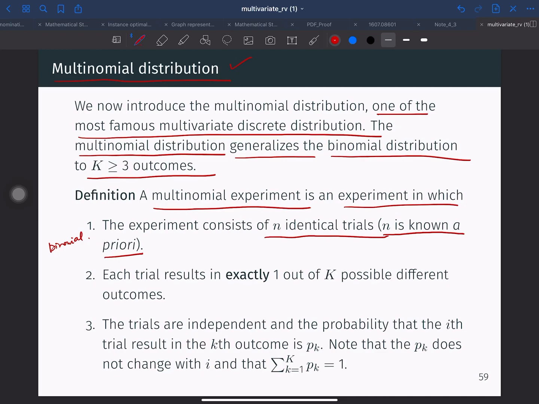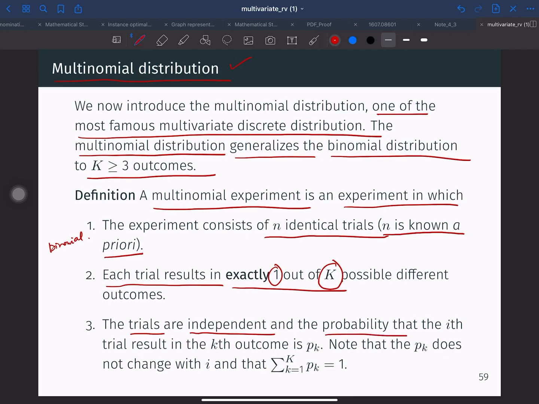Now, instead of resulting in only two outcomes, success or failure, each trial now results in exactly one out of K possible different outcomes. You might think of these outcomes as red, green, blue, or success, failure, indeterminate, and so on. And these trials are also independent, similar to the binomial case.